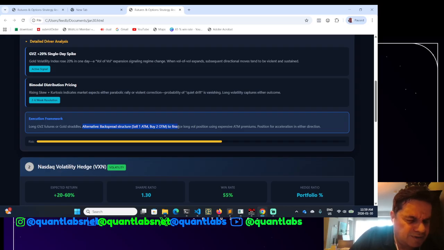Again, this is a combination of the synthetic option trades I've mentioned. Sell one ATM, buy two out of the money, to finance long volatility positions using the expensive ATM premium, positioned for acceleration in either direction. So once again, you're covered on both sides. This is what the smart money does, but they don't talk about it.